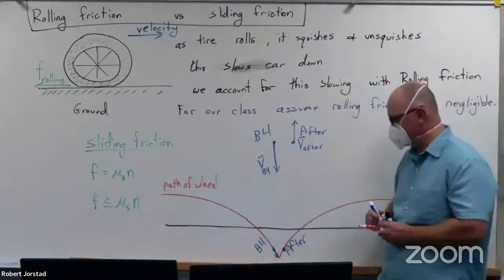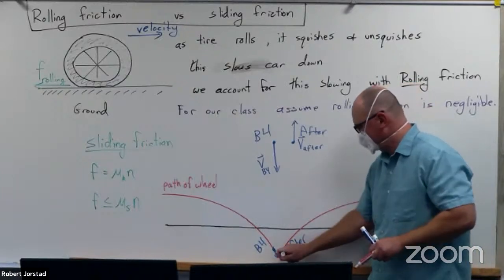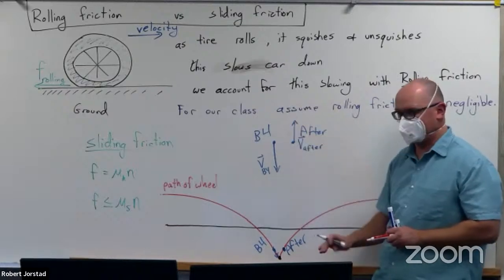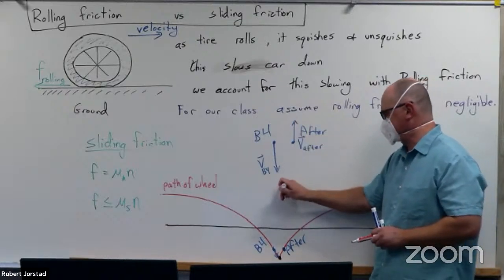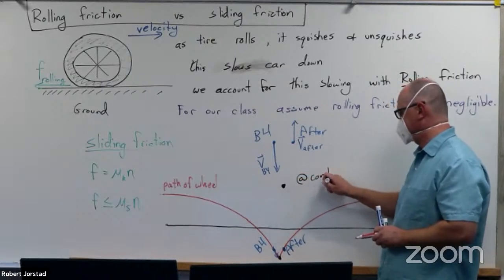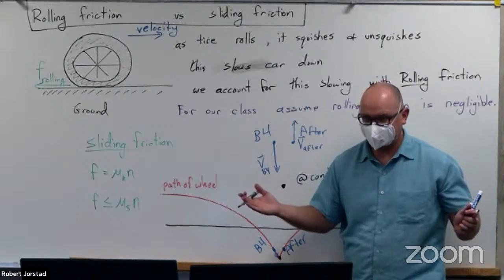What direction is it moving? At the very, very bottom. Just before you're going straight down, just after you're going straight up, what does the velocity have to be at contact? Yes. Think about that.